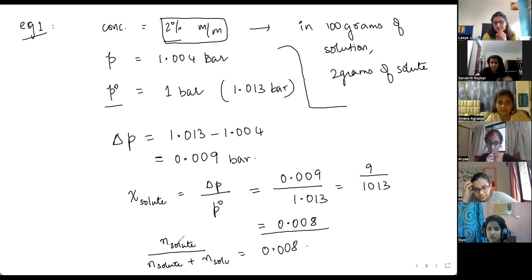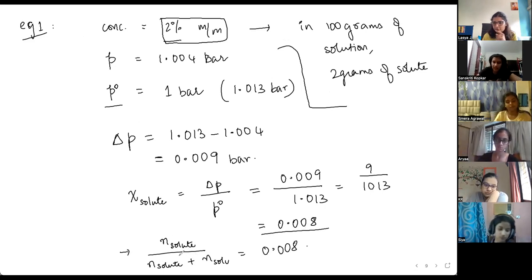This is mole fraction. So we just applied the mole fraction formula. Now for mole fraction we can use only the number of moles of solute and solvent in the formula, right? But we don't know the number of moles yet.